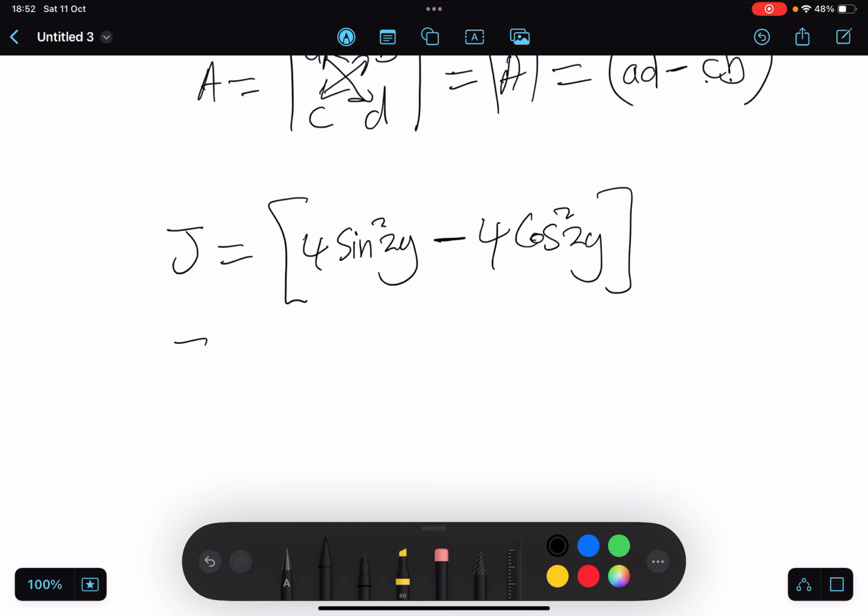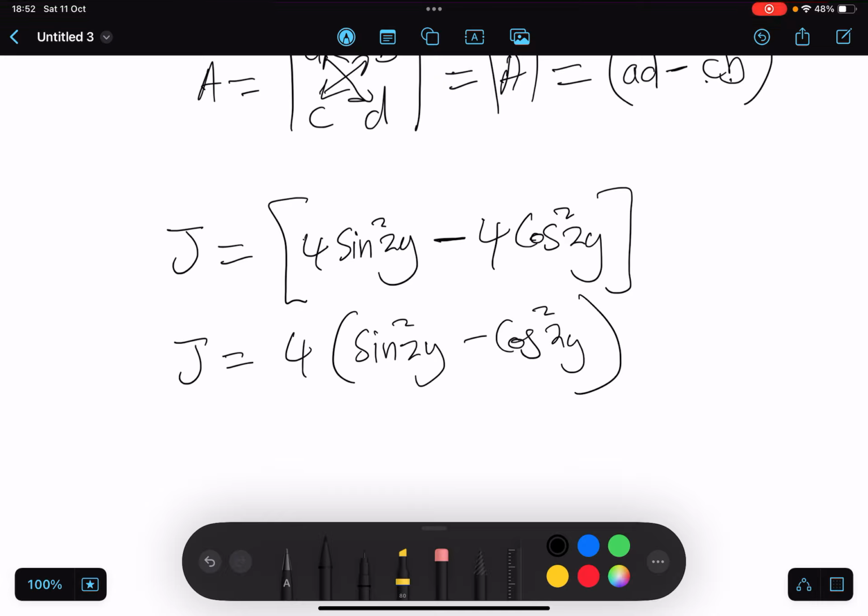So your Jacobian here is going to be 4 sin squared 2y minus 4 cos squared 2y. So this is our final conclusion for this one.